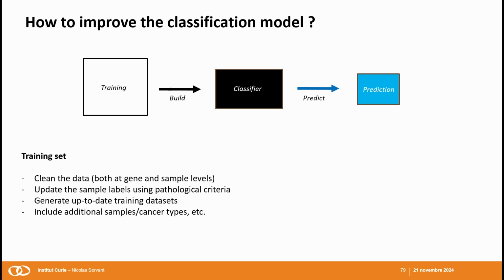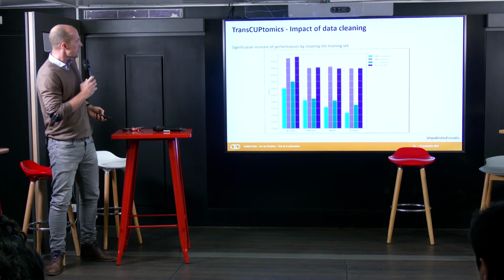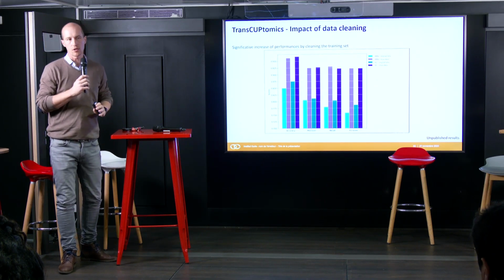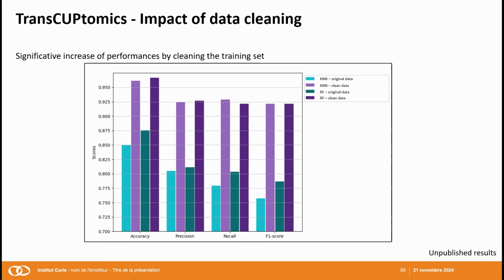Then we updated the classifier a bit with an additional model. Here you have the results just by cleaning the data. In blue you have the performance of the previous model, which is currently used in clinic, and in purple you have the new model, which has been trained with a different classifier. But you see that by just cleaning the data, we are able to increase the performance of the model significantly.